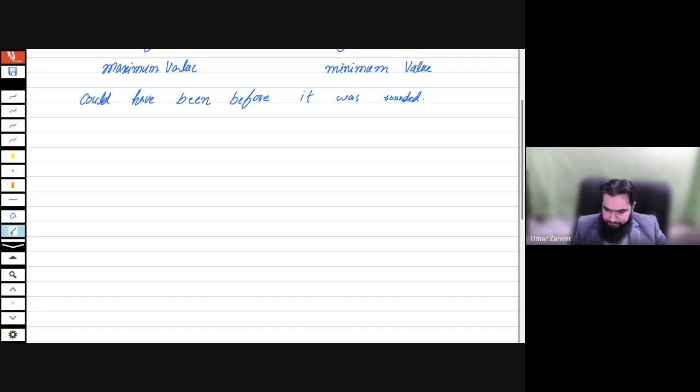For example, you have a rod. All right, now look here. We have a rod, and I have to say that the length is going to be 5 meters.